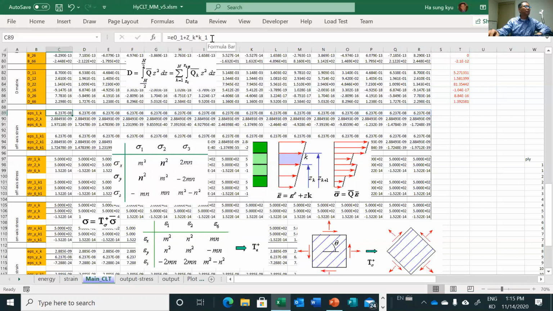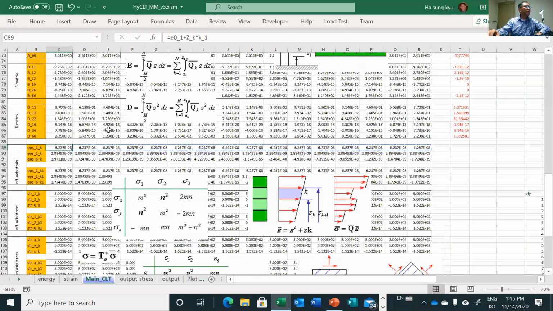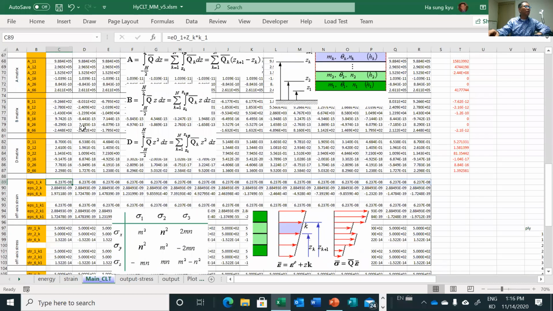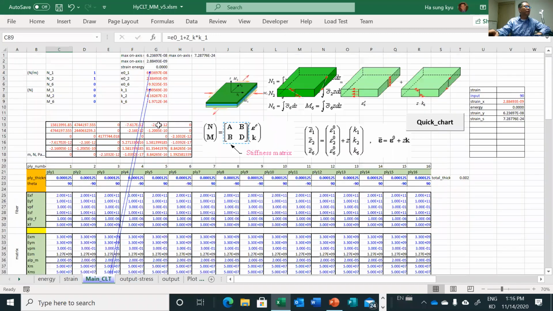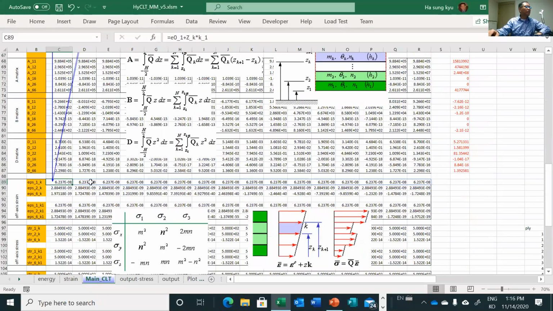And then, as we already know the strain distribution, simply epsilon 0, 1, where does this come from? Well, epsilon 0, 1 and curvature 1 are needed, which come from here. We just calculate by inverting this ABD matrix. So this is the first component of epsilon 0 and the first component of the curvature. And this ply has the epsilon 1, 2 and 6 at top and bottom.